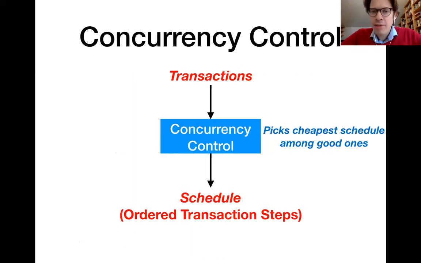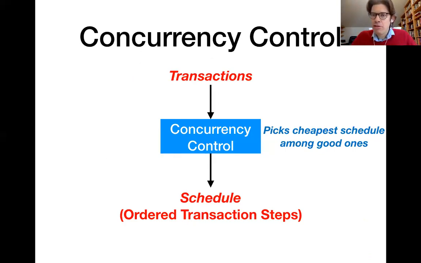So generally, we're currently discussing concurrency control. And as a little reminder, concurrency control essentially takes as input a set of transactions which want to execute read and write operations on the database. The output of concurrency control is a schedule which orders the steps, the read and write operations from different transactions.